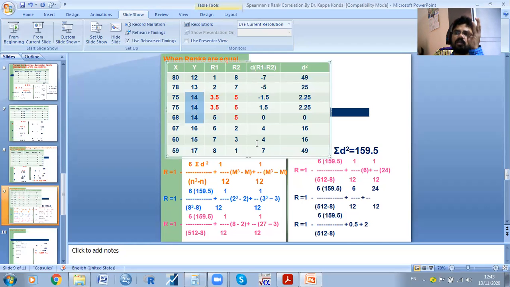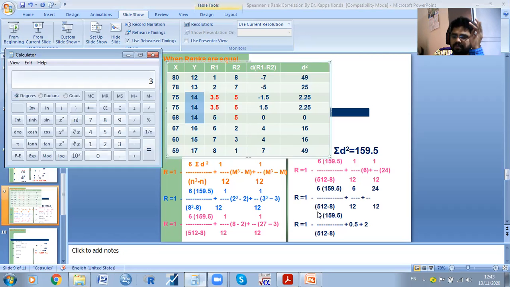So fourth, fifth, sixth. Fourth rank plus fifth rank plus sixth rank, how much will you get? 15. 15 divided by 3, because the same marks are repeated 3 times. 15 by 3, how much will we get? 5.